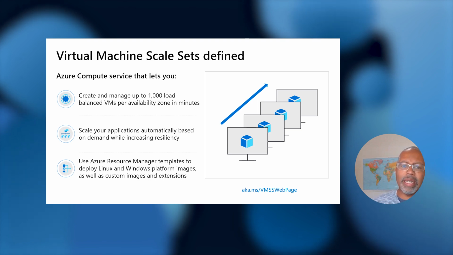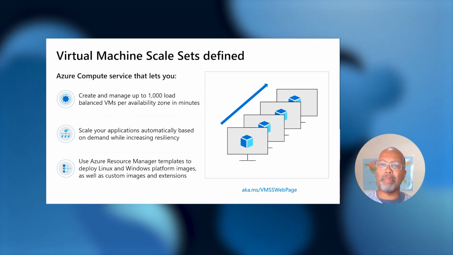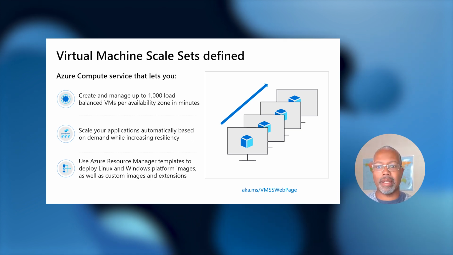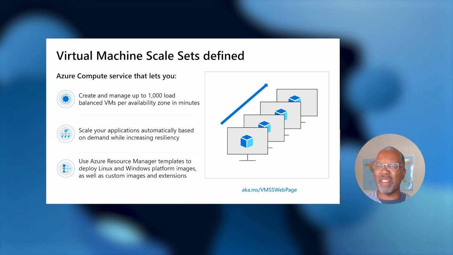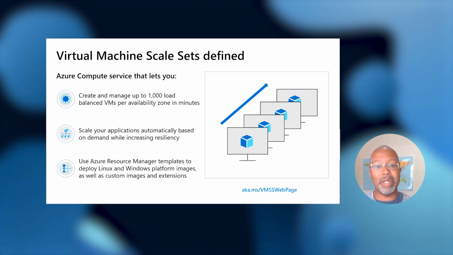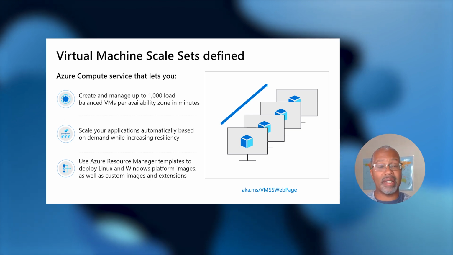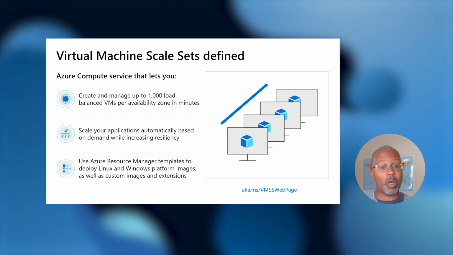As companies are really taking a look at not only moving applications to the cloud, but really embracing DevOps-based practices like image build pipelines and infrastructure as code, repeatable automated application builds and deployments, scale sets fits really well into that type of workflow.